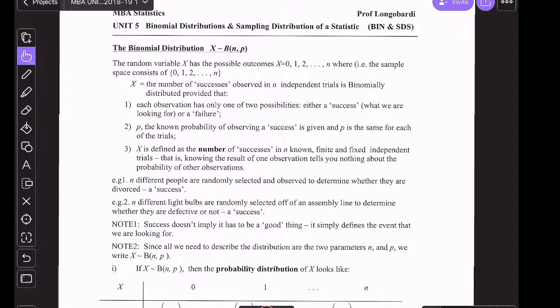So if you're looking at a situation where you are observing and looking for something, you're going to observe and look for something n times, and each time you look, the likelihood of seeing what you're looking for remains the same. It does not change.